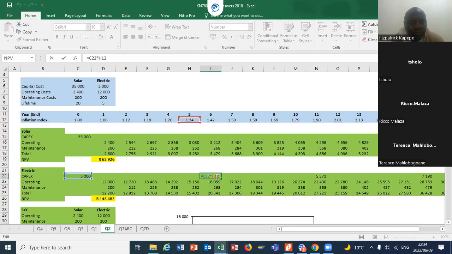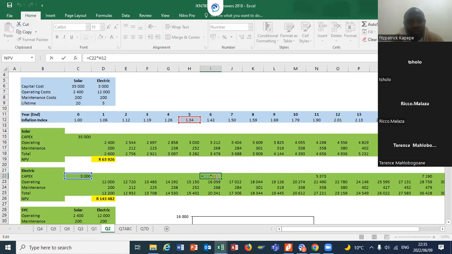Okay, yeah, it took the previous year's inflation index. I think it's okay, isn't it? It makes sense. It's buying this in January, so it's using the previous year's inflation rate index. So I think his ideology here was okay.